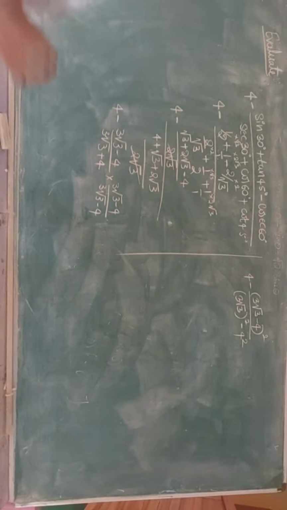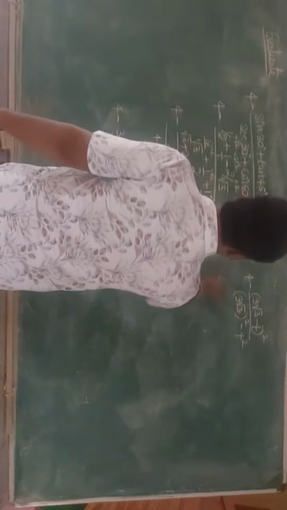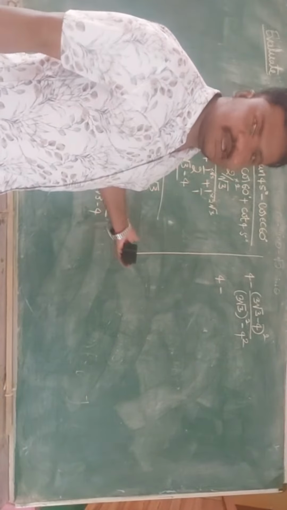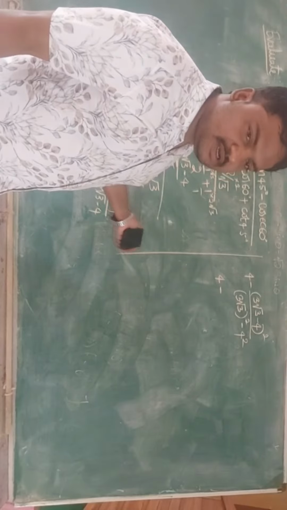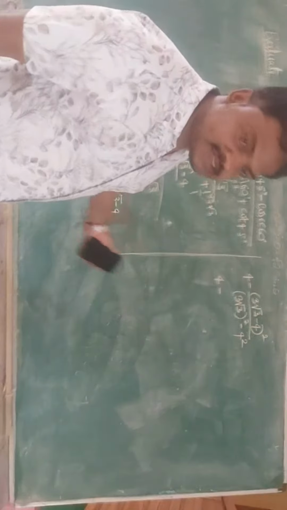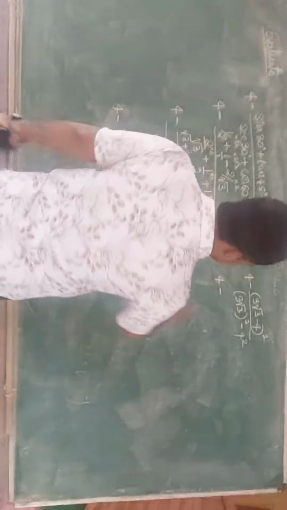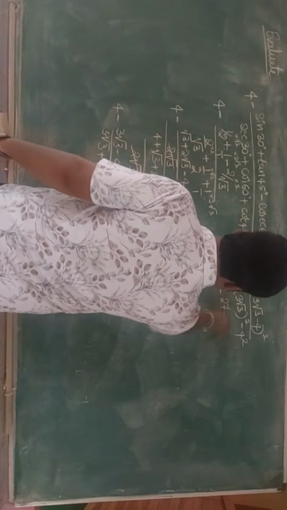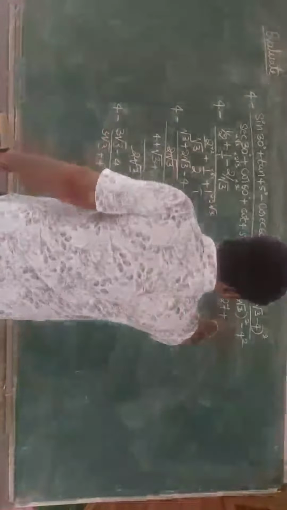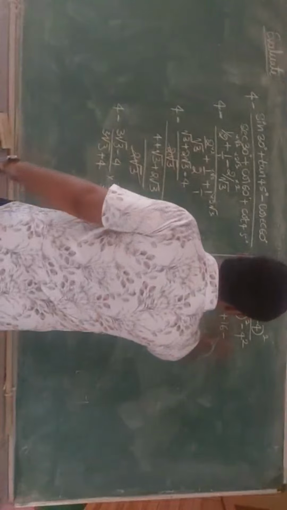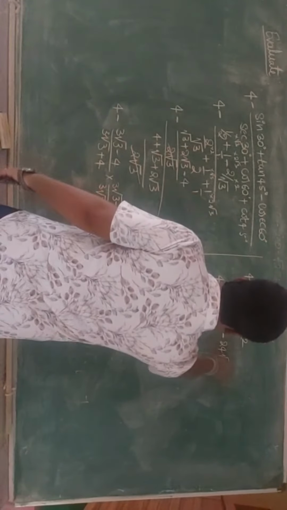Now 3 root 3 minus 4 whole square is in the form of a minus b whole square, so you can use the identity a square plus b square minus 2ab. A square: 3 square is 9, 9 threes are 27. B square is 16, minus 2ab: 4 twos are 8, 3 eights are 24 root 3.